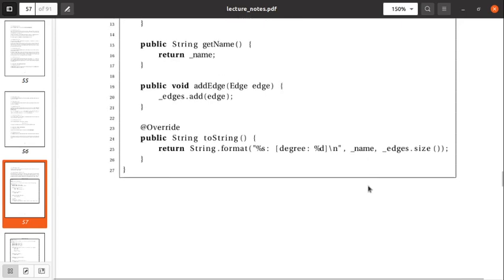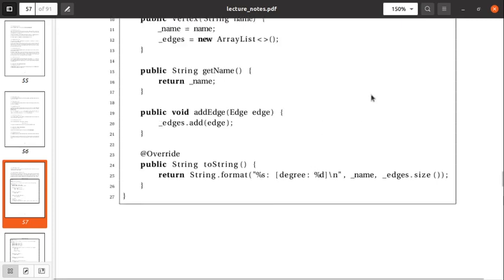Right? And then we expose a method, get name, so that we can print the name. We expose a method to add edges, so that as we're building the graph and we say this edge connects vertex A to vertex C, then the edge that gets created will become incident to this vertex, both A and C. Right? So we provide some means to keep track of those edges.